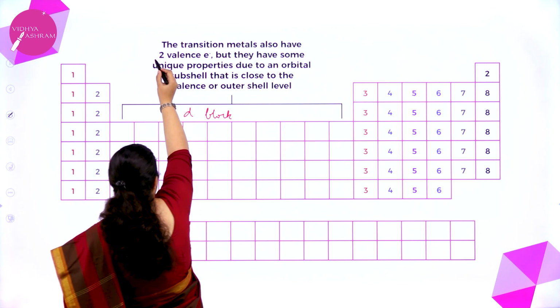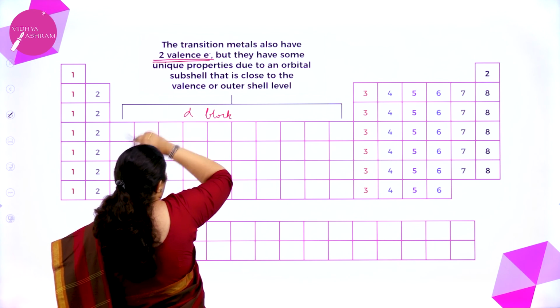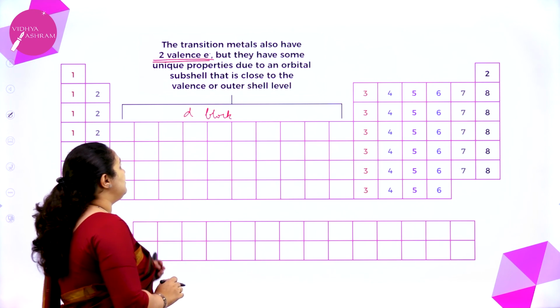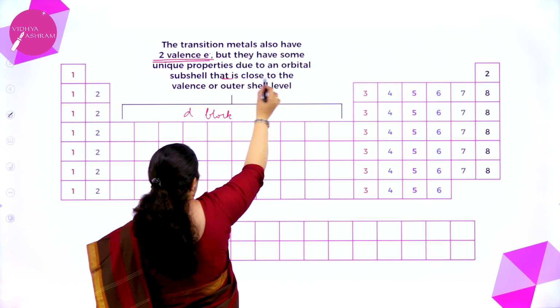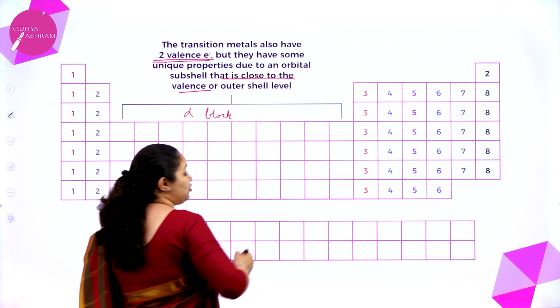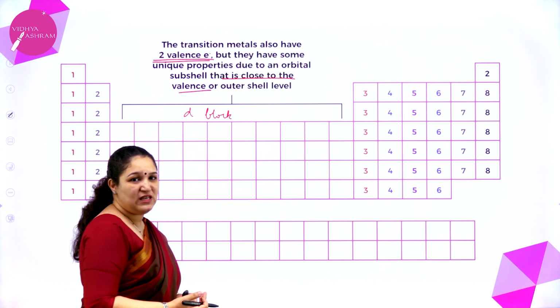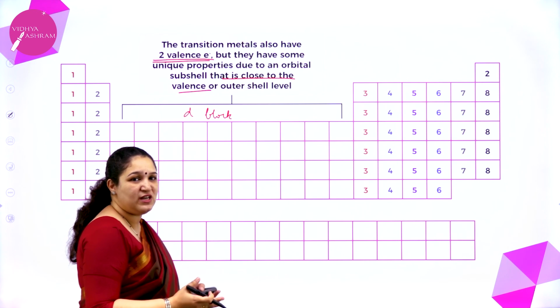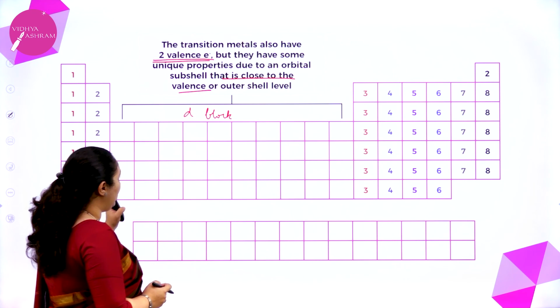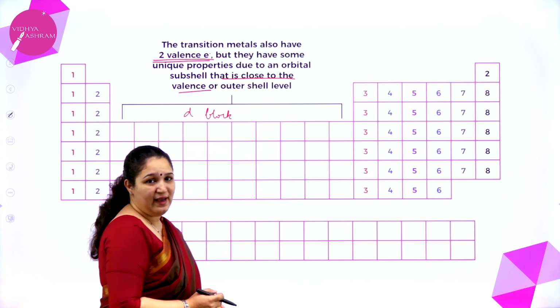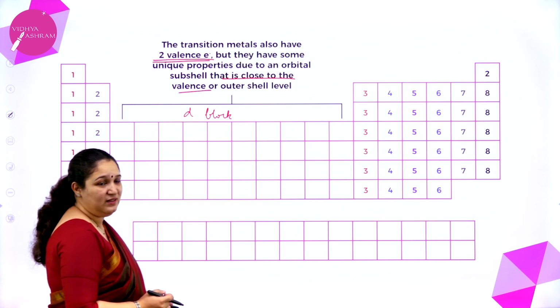The transition metals have how many valence electrons? 2 valence electrons, but they have some unique properties due to the orbital subshell that is very close to one another. They show variable valency or different oxidation states. So that is the reason we are not talking about the D block elements at all. Clear?